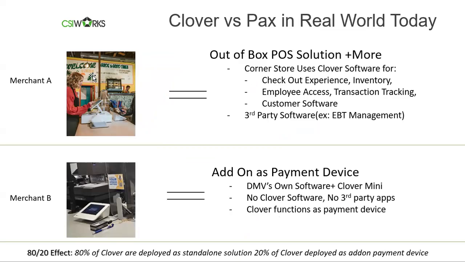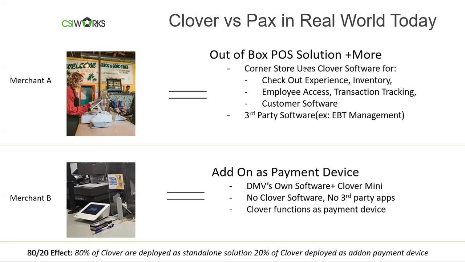So when merchant A bought the Clover device, I purposefully used this picture because it doesn't look like a marketing picture. This looks like a legit picture that I actually had to cut out. The point is that this store utilizes a Clover device completely as software, as payment, and as hardware.